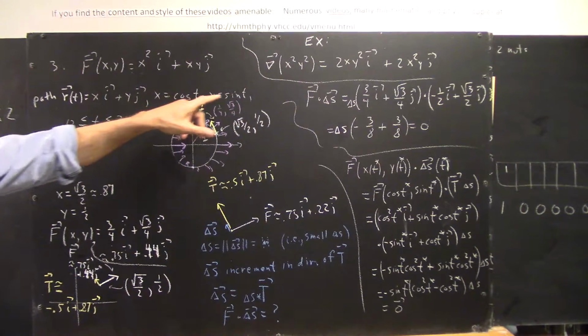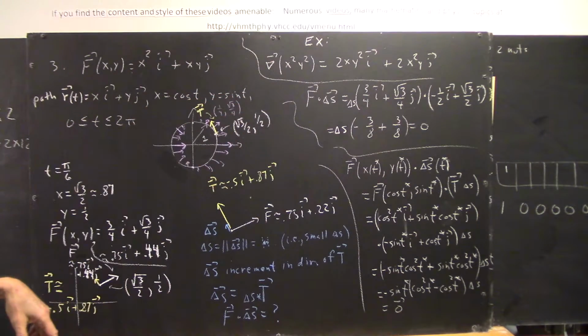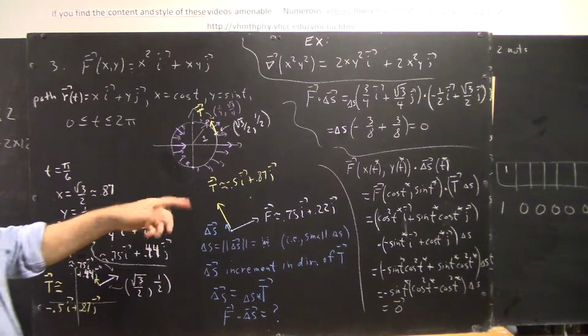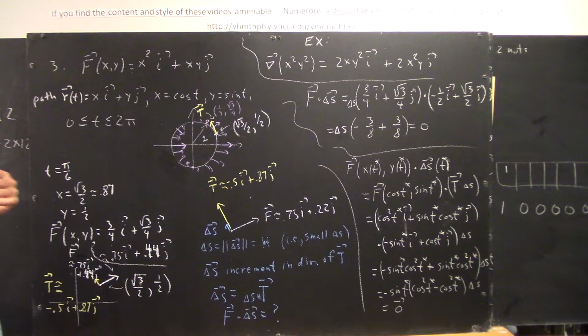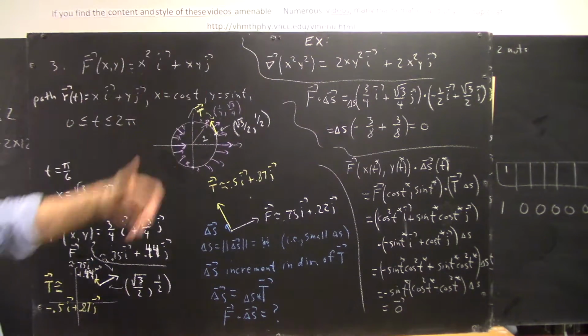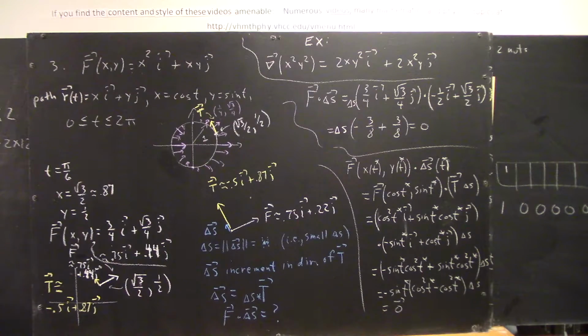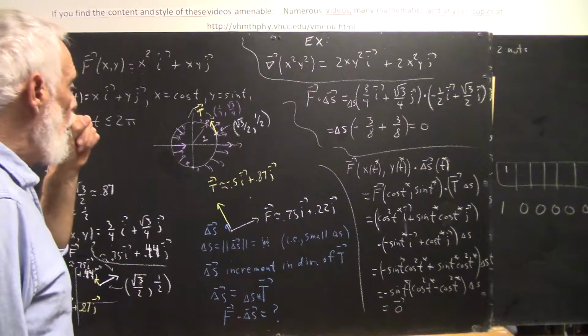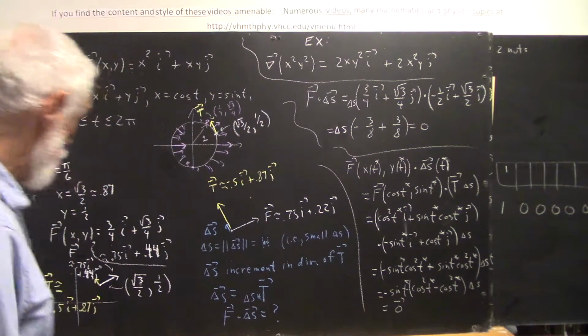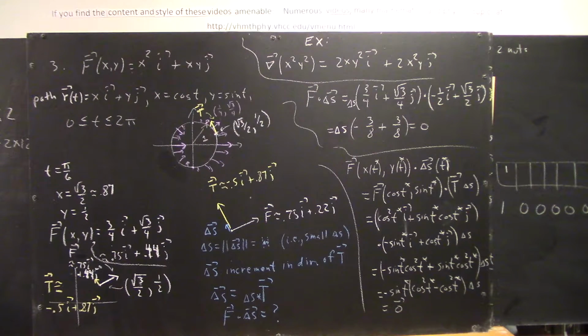Derivative of x is negative sine t. Derivative of y is cosine t. So our unit tangent vector is going to be cosine of pi over 6, negative sine of pi over 6 i plus cosine of pi over 6 j, which is this. Again, I didn't write down that calculation. You know how to do that calculation.